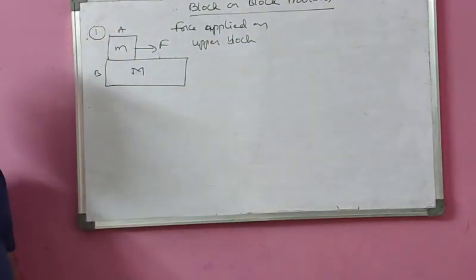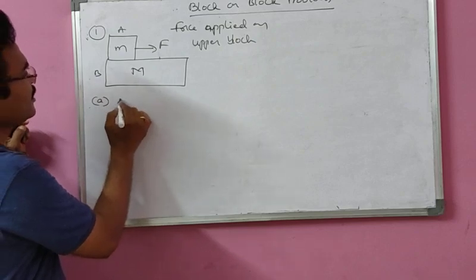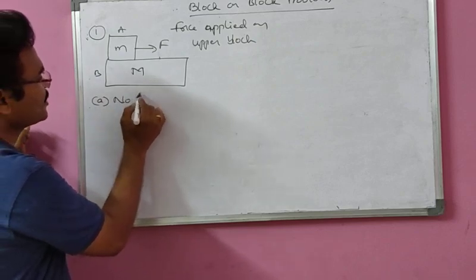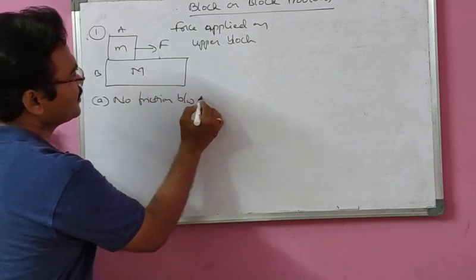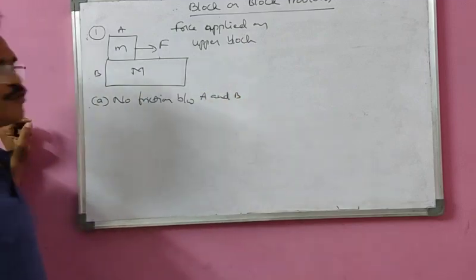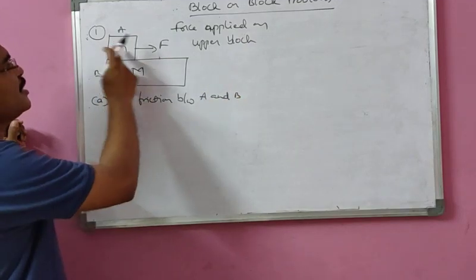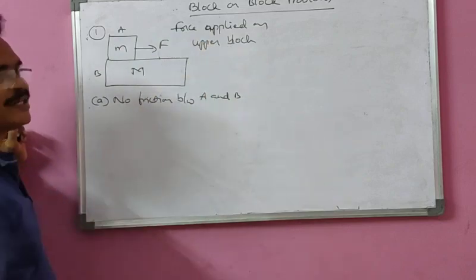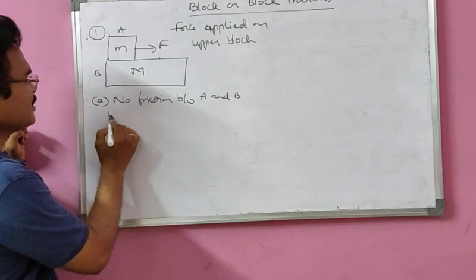In this one also we have some cases. The first one, if there is no friction between A and B, what happens here?